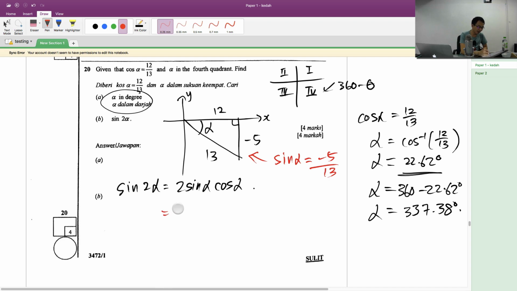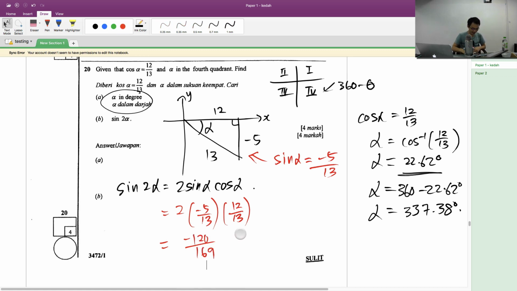So I will just substitute -5 over 13 multiply 12 over 13. Alright, then we will solve this one. This is -120 over 169. I guess it can still be divided by 3. Oh, can't. Yeah, then this one should be your final answer.